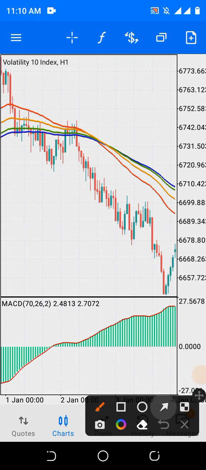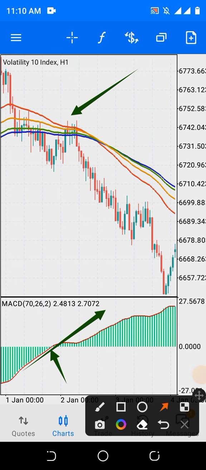Once you notice the crossing this way, from up downward, that is a bearish trend, a downtrend. Now look at the moving average side. The candlesticks are below the moving averages, so these two indicators must agree before you proceed. Both of them must agree before you proceed. Now this is how to make use of this.